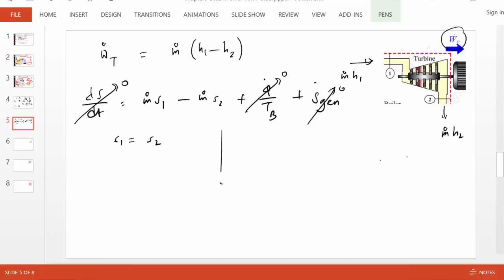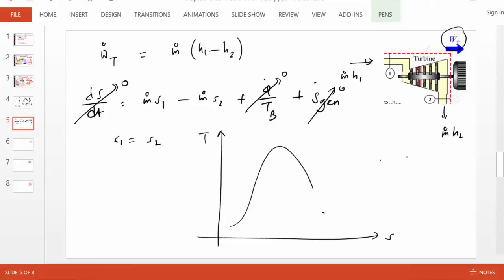If we have to draw this on a TS diagram, we understand that in case this is my state 1 superheated vapor, and the turbine operates between this pressure and this lower pressure, this will be state 2.